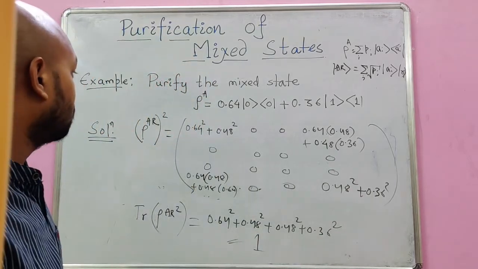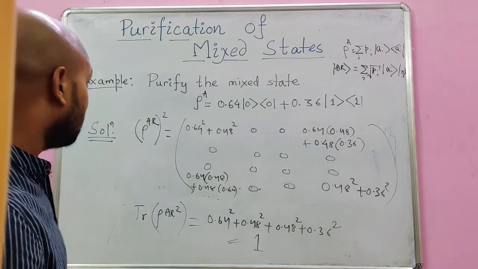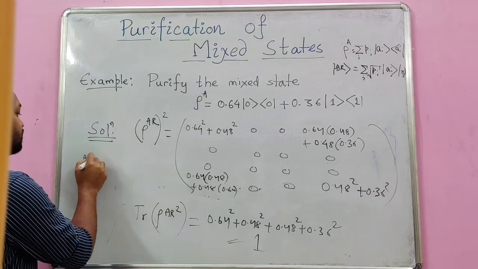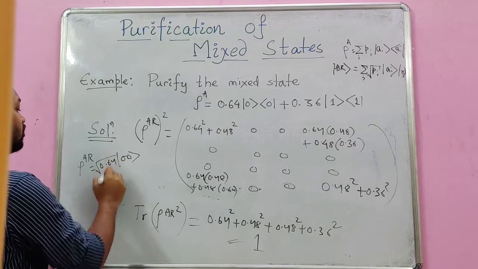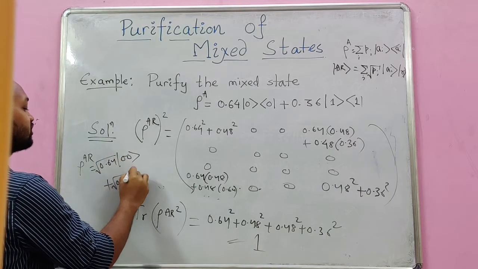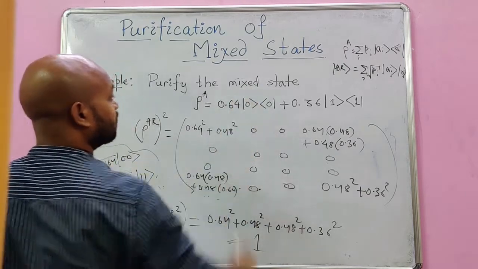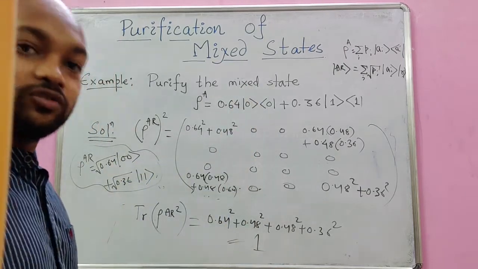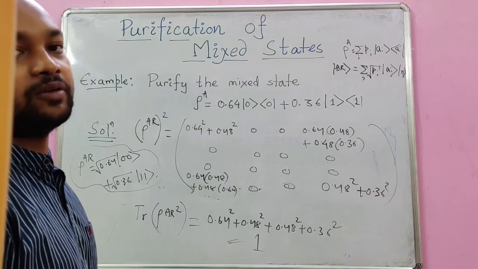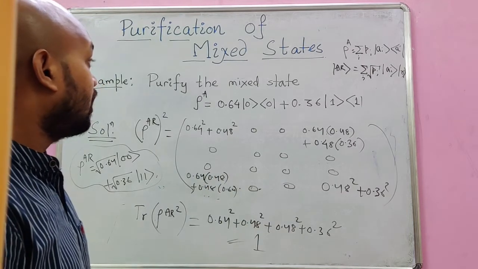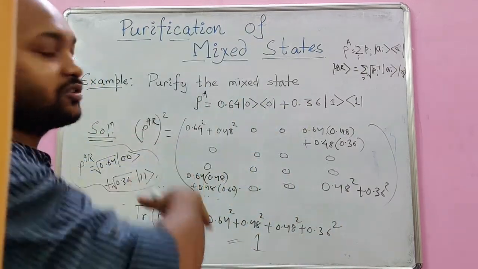So the rho AR that we constructed, 0.64 |00> plus 0.36 |11>, represents the purified state of this particular mixture. Constructing is pretty simple, but verifying takes a bit of time. Nevertheless, we have already verified it in the theoretical proof in the last video that we discussed.